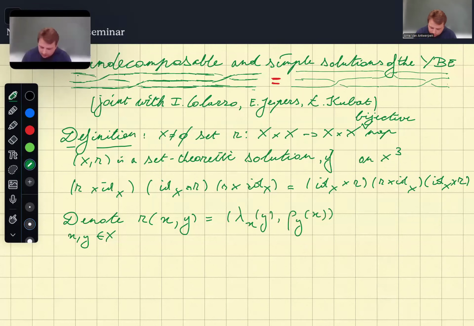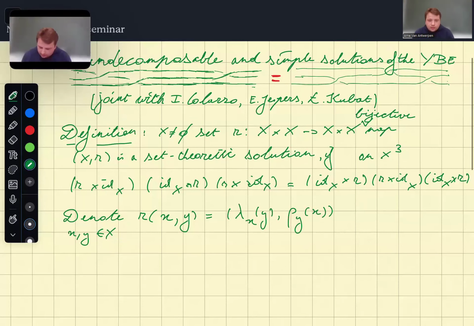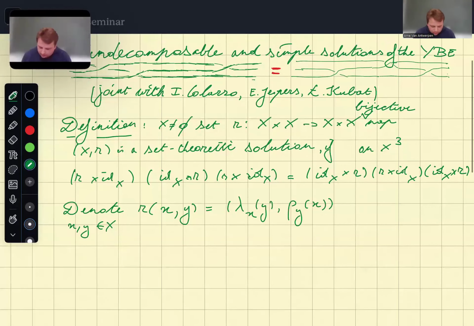Then we look at the subclass of these R's, which are nice, on which you can easily use groups, the so-called left and right non-degenerate ones.